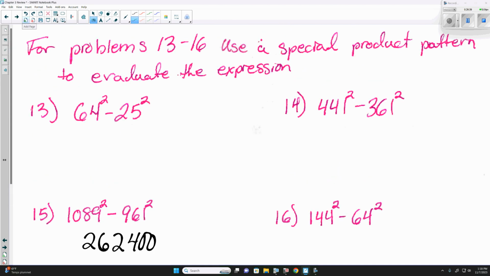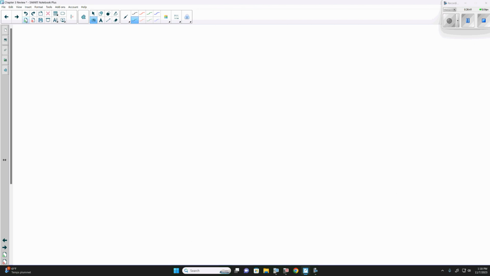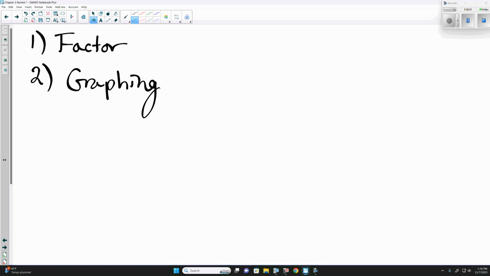Now the next set is to solve these by any method. The first method we saw for solving quadratics was factoring. Our second method that we had was graphing. Third method was the square root method. Now these work some of the times, they did not work every time.